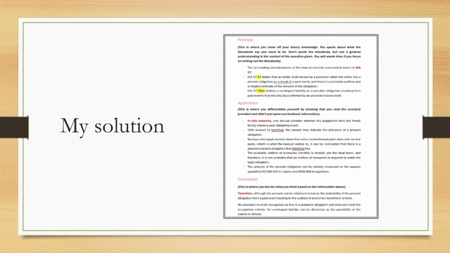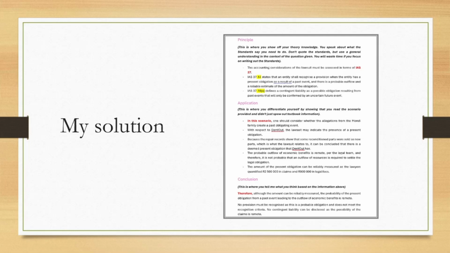So here, there could be a provision, there could be a contingent liability. How would I have understood that? There is a lawsuit. Lawsuits can either be something you have to provide for and recognize a provision for, or something you'd have to disclose as a contingent liability, because we do not recognize contingent liabilities.